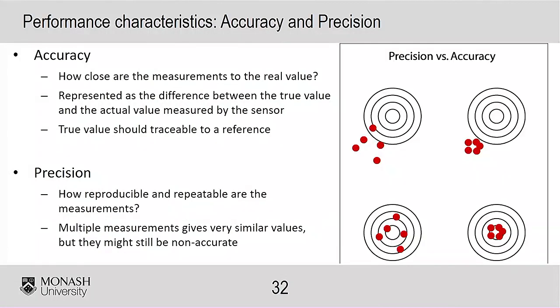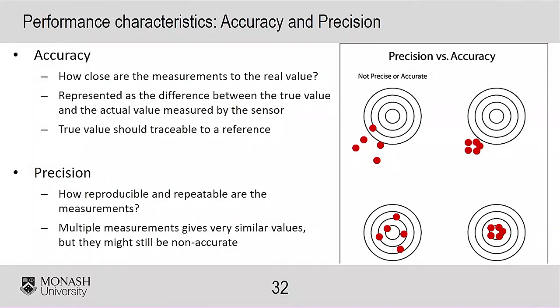So then if we look at these cases, on the top left here we have a bunch of, let's pretend this is still a dartboard and the red dots are where the darts have hit. So we can see in the top left that the darts are not really that close to each other, and they're certainly not very close to the bullseye. So this is about my skill level when playing darts.